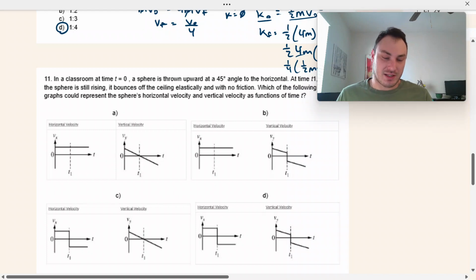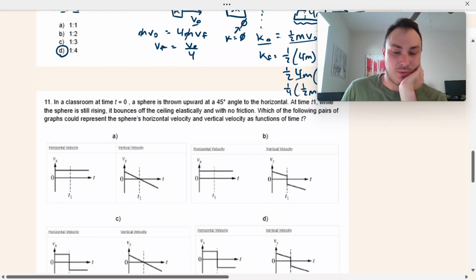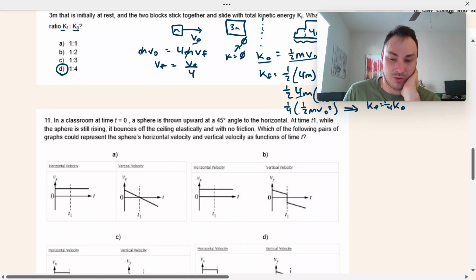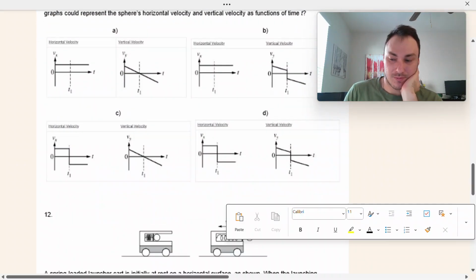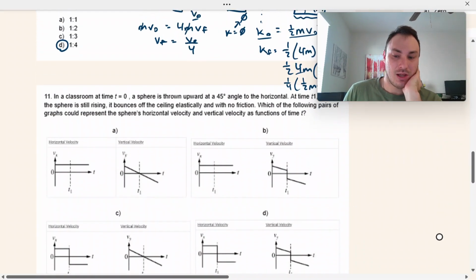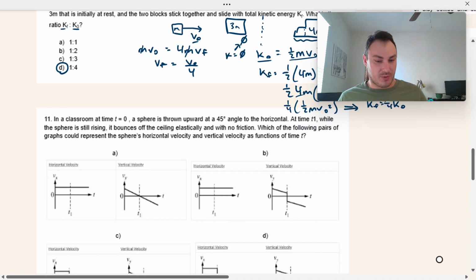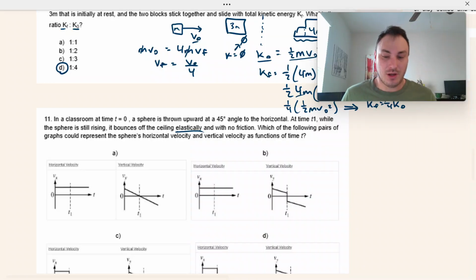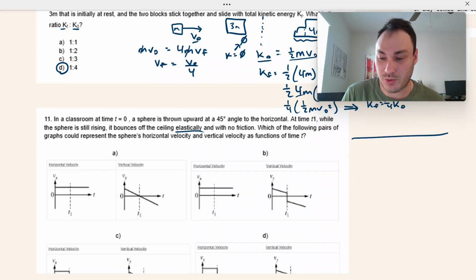In the classroom at time t equals 0, a sphere is thrown upward at a 45-degree angle to the horizontal. At time t1, while the sphere is still rising, it bounces off a ceiling elastically with no friction. Which of the following pairs of graphs could represent the sphere's horizontal velocity and vertical velocity as a function of time? Okay, so we're throwing a ball up.